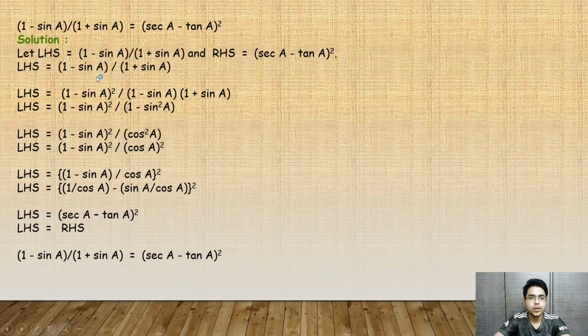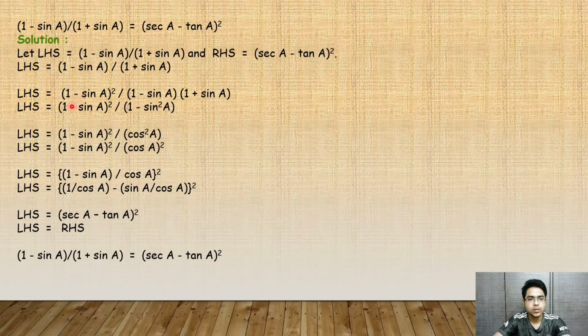After cross multiplication we'll be getting (1 minus sin A) bracket square divided by (1 minus sin A) into (1 plus sin A). Now (1 minus sin A) bracket square divided by 1 minus sin²A. Here we have cross multiplied, meaning we divide and multiply by (1 minus sin A).